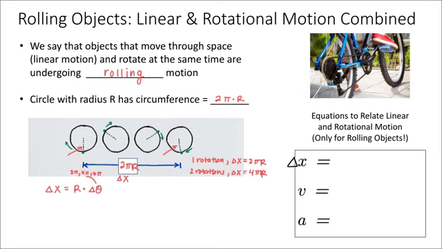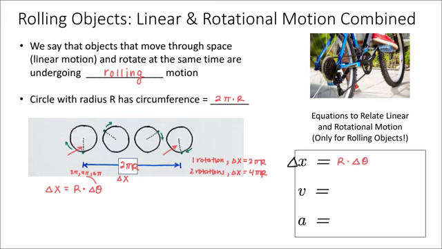Delta theta is going to tell us how many times the wheel has rotated, and we'll multiply that by r, the radius of the wheel, to find the total linear distance that wheel has traveled. So this equation relates the linear displacement of the wheel as it's moving through space and the angular displacement of the wheel as it's rotating. I'll go ahead and document that in my box on the right.